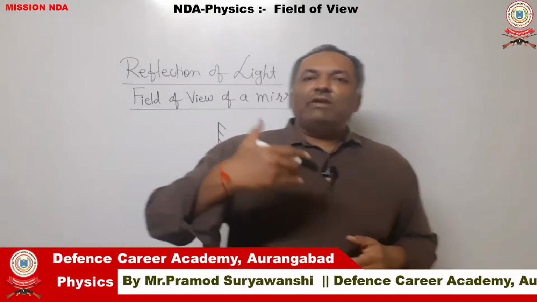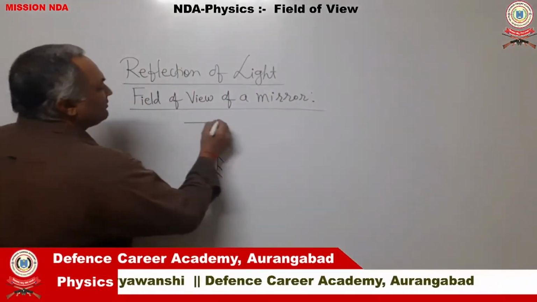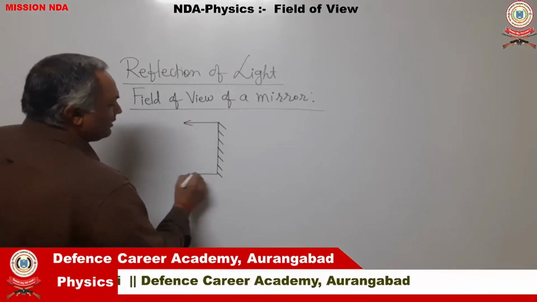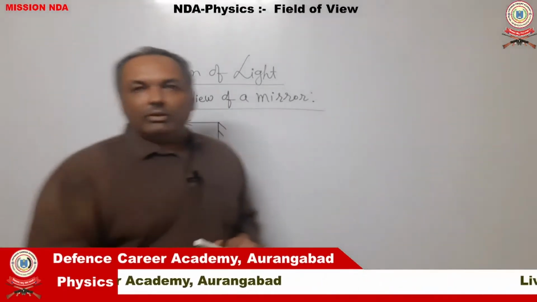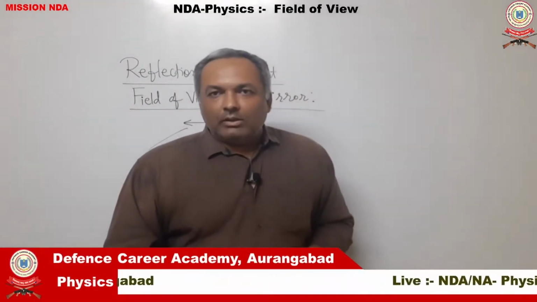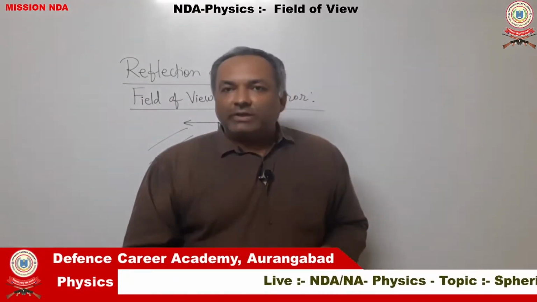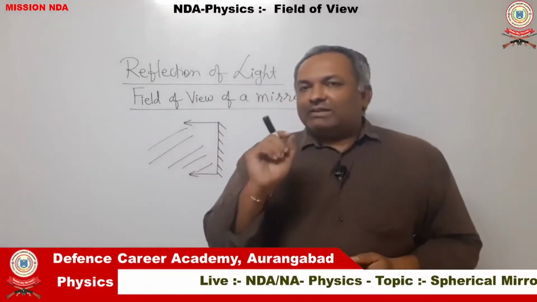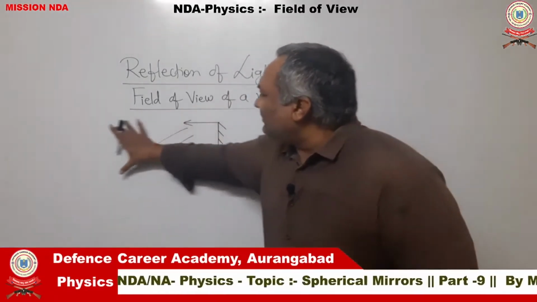Now, when we say in front of a plane mirror, we mean this space in front of this mirror. When you stand like that in front of a plane mirror, whatever reflection you are able to see in the mirror is that of those objects which are within this space.